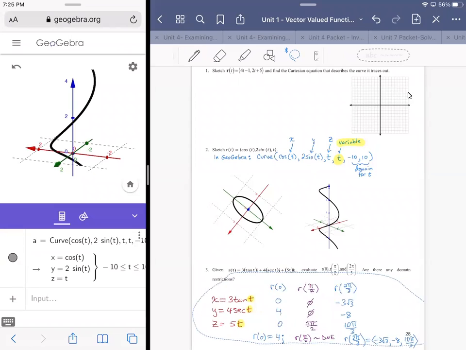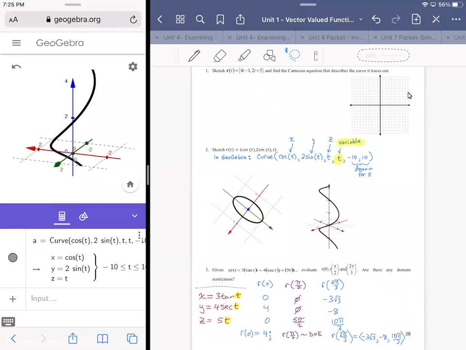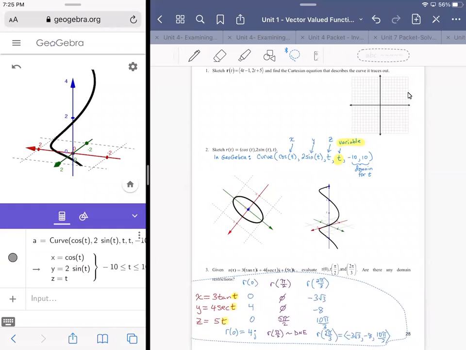So when we start thinking about whether or not there's a domain restriction, we're really mostly thinking about the instances in which the vector value function wouldn't exist. All right. So r of t does not exist when t is equal to, so far, pi over 2, but really any instance in which cosine is equal to 0, all right?